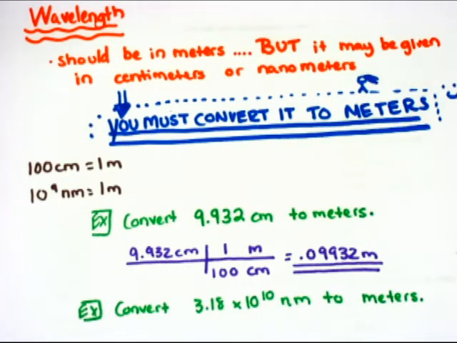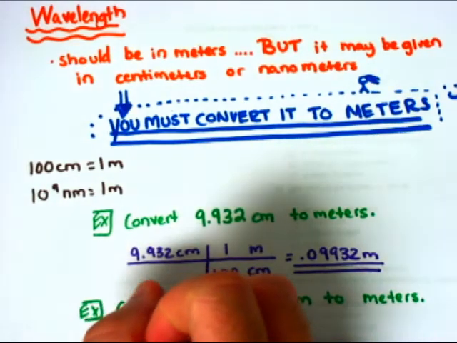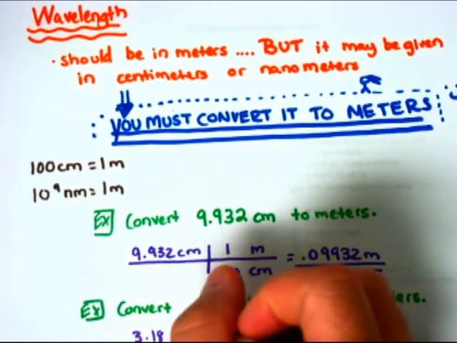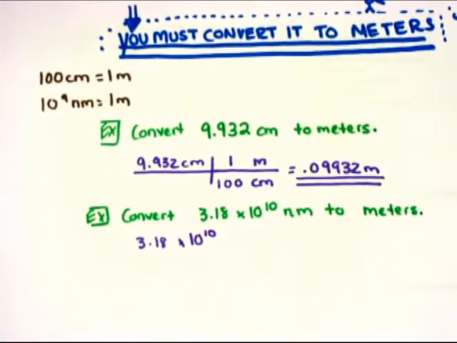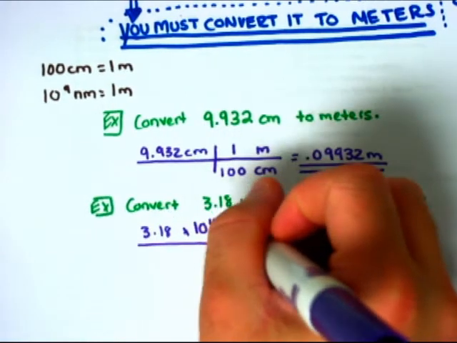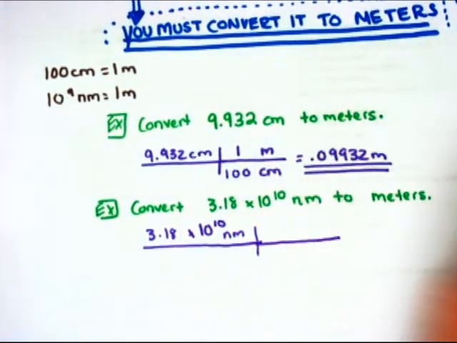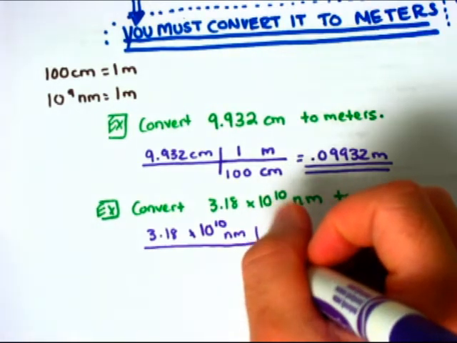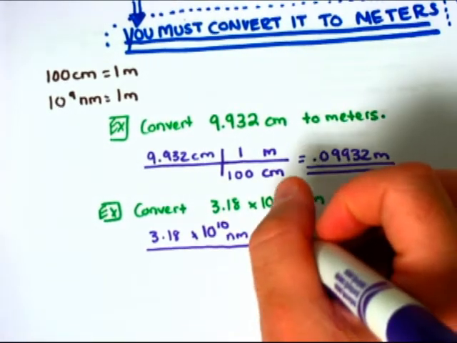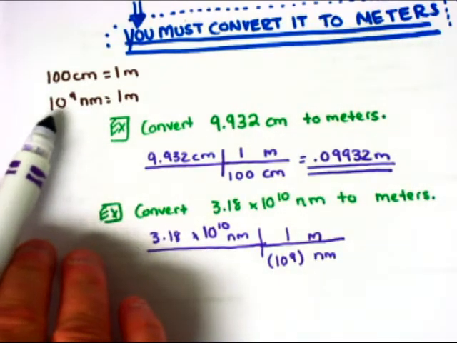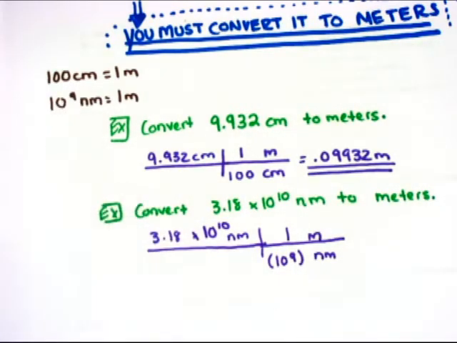What number is going to go in our top left box? Times 10 to the 10th, right? Nanometers. What unit has to go on the bottom right now? Very good, nanometers. And there are 10 to the 9th nanometers for every 1 meter. I know this relationship because we had just gone over it right above. These are your conversion factors.